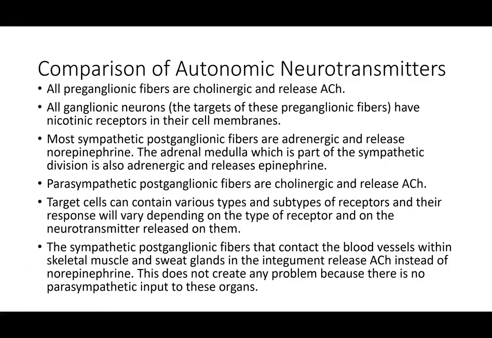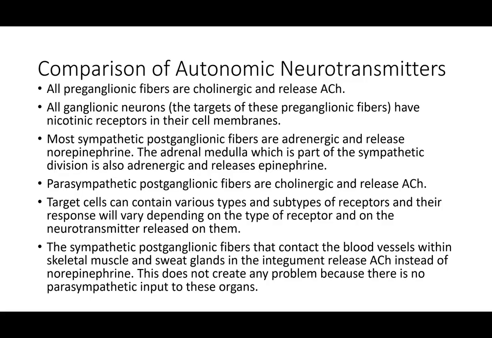Then most of the sympathetic postganglionic fibers, in that sympathetic division of the autonomic nervous system, are adrenergic and release norepinephrine. The adrenal medulla, which is part of that sympathetic division, releases epinephrine.